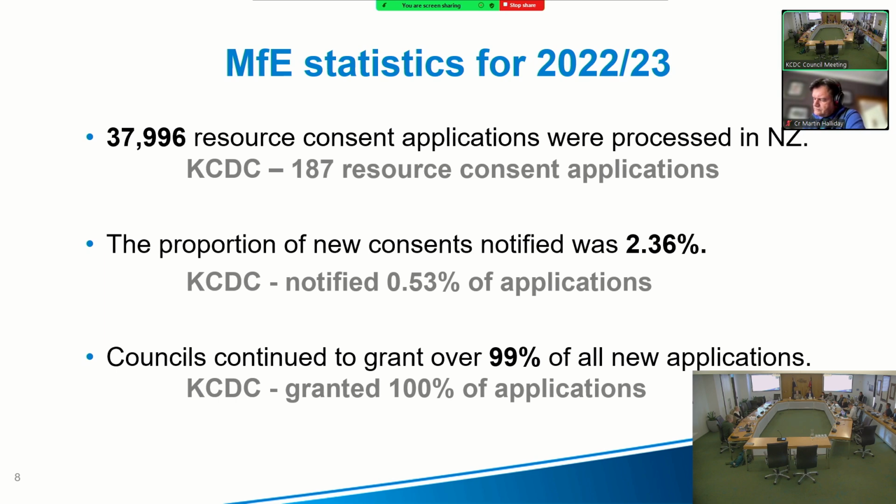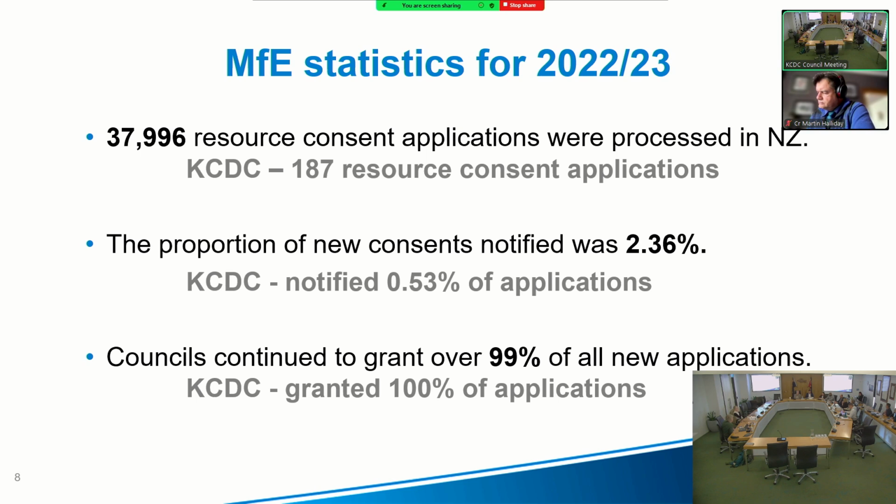Another one that we've had in the past is where we require them to seek approval from iwi, and sometimes they blanketly refuse to talk to iwi. Because we deem them affected parties, they then withdraw the application or put it on hold.